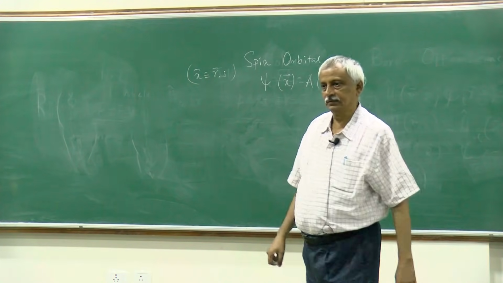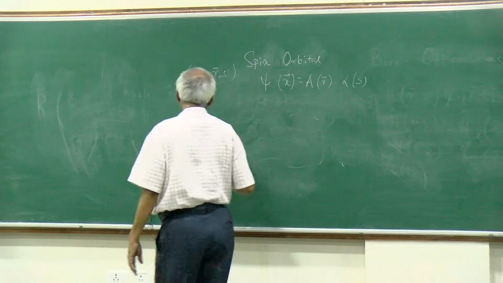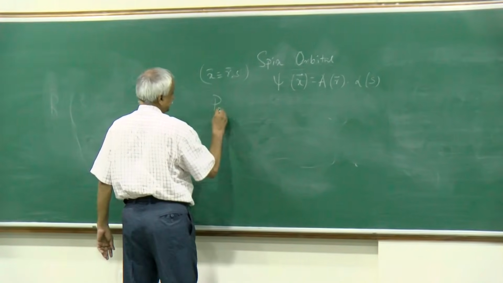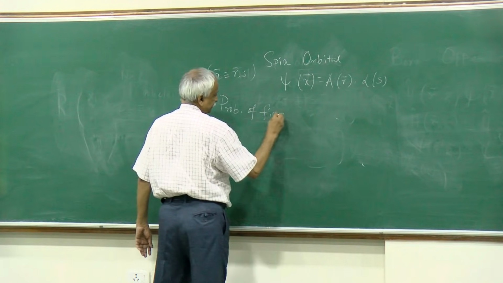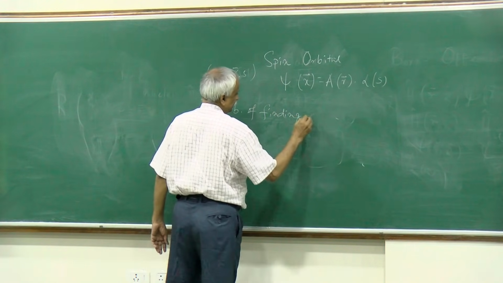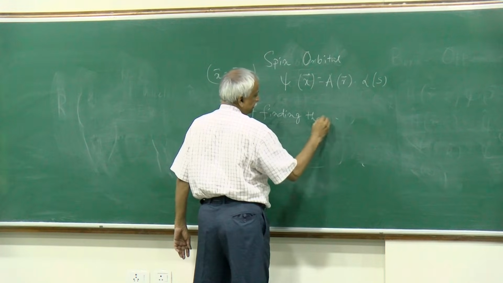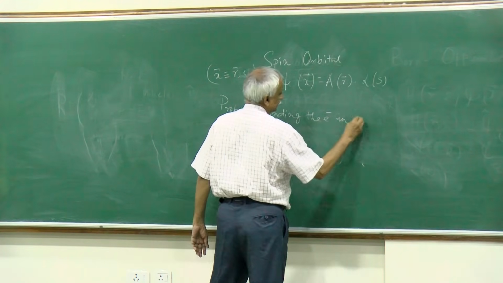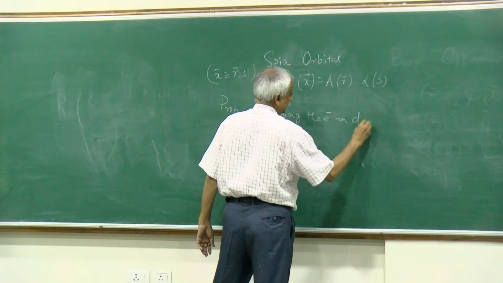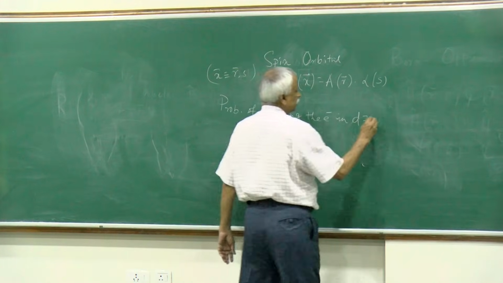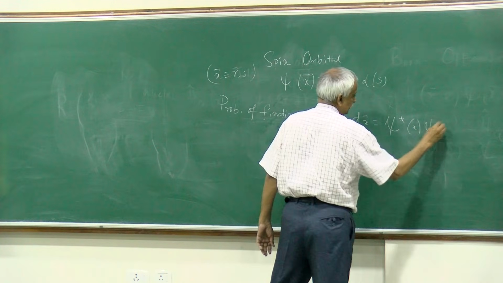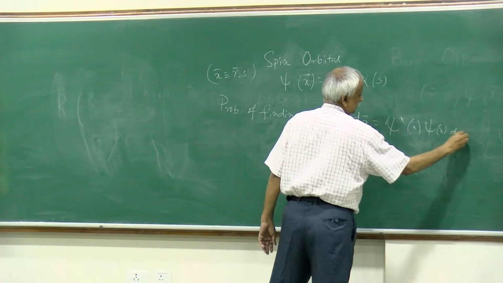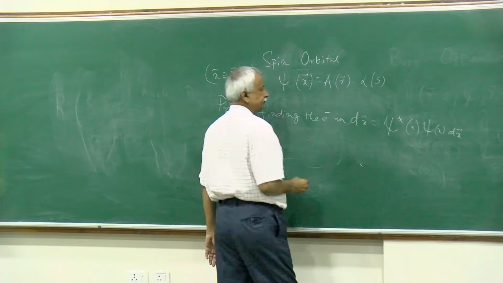So that probability of finding the electron in dx, this would be what? Psi star(x) psi(x) dx.